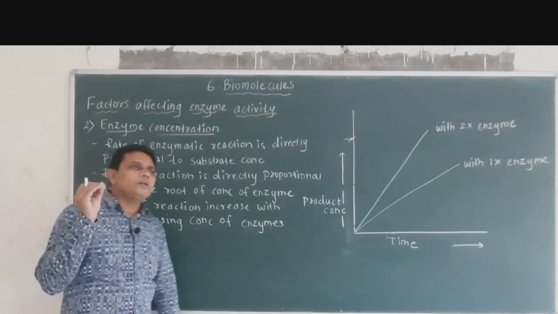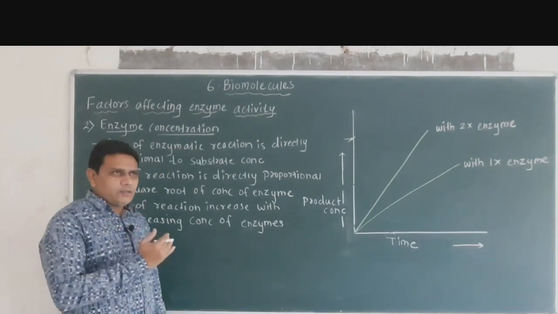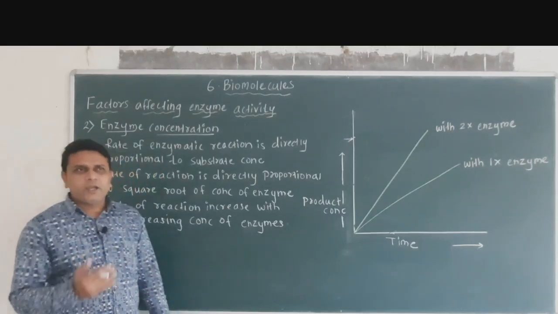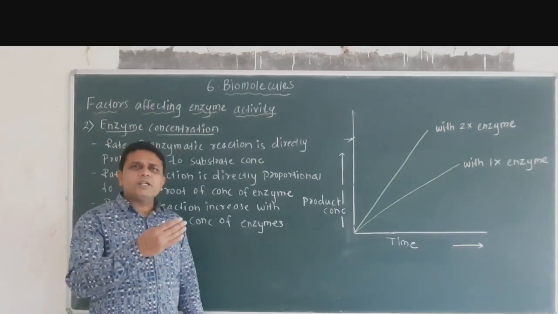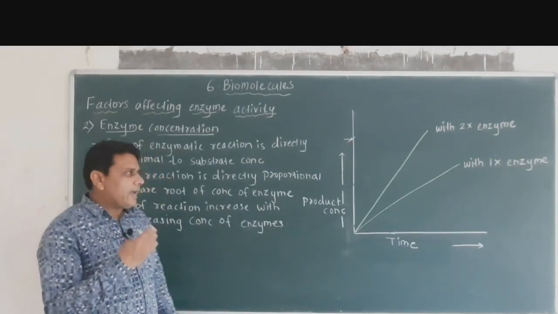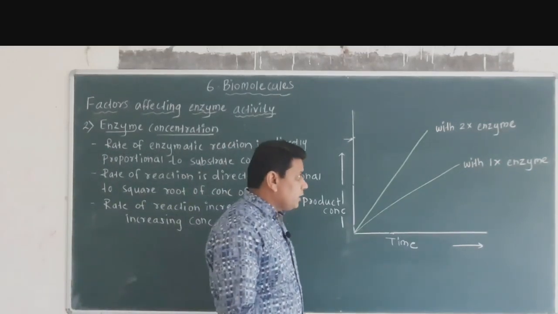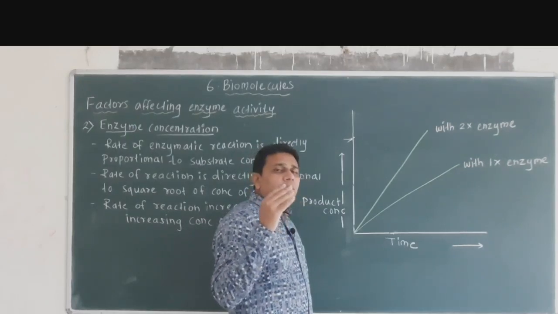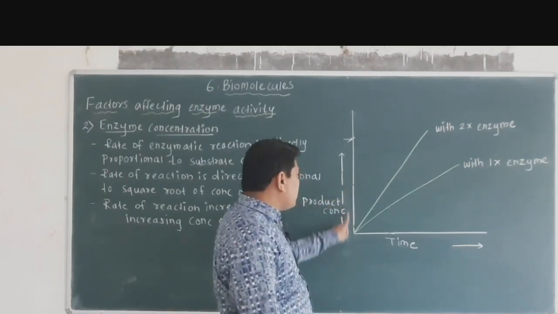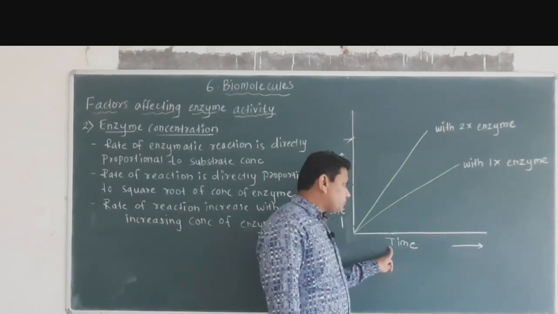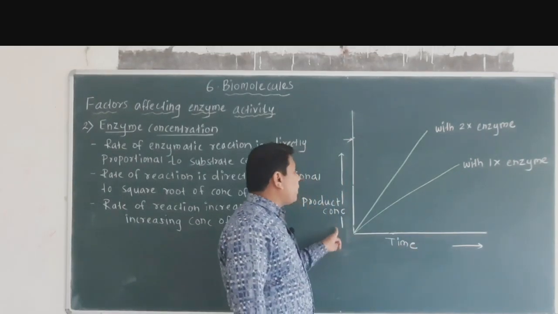So during the enzyme activity, we have seen that in the first factor, that is concentration of substrate, as the concentration of substrate increases, the velocity of enzyme activity also increases. So as the concentration of enzyme increases, the enzyme activity is increased and the product is formed. So here in this graph we can see that a particular time span is given, then product concentration.